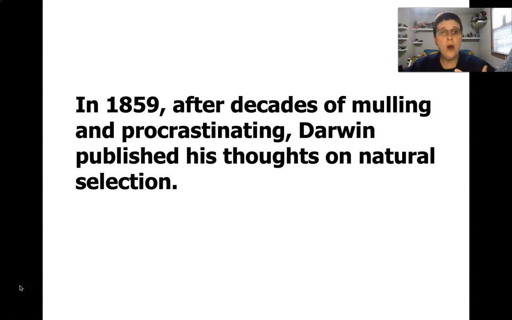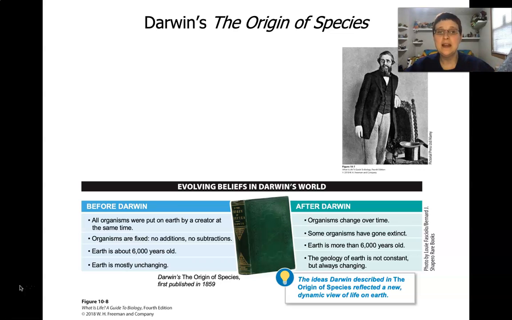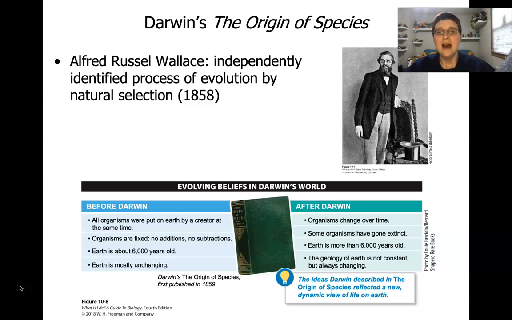Any idea why he would suddenly publish his book? If you guessed because somebody else came up with the idea, you are correct. So Alfred Russel Wallace, most people have never heard of him unless you've been in biology.